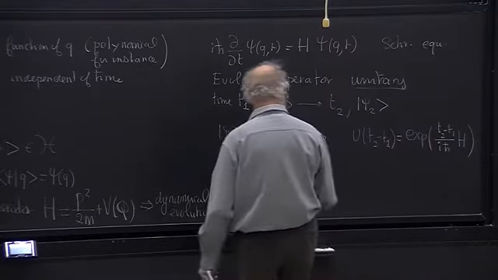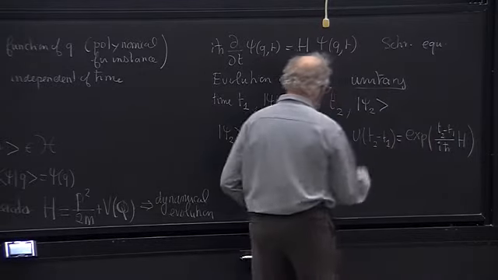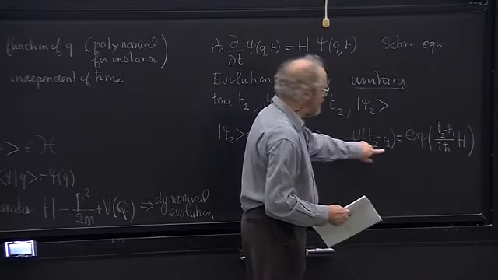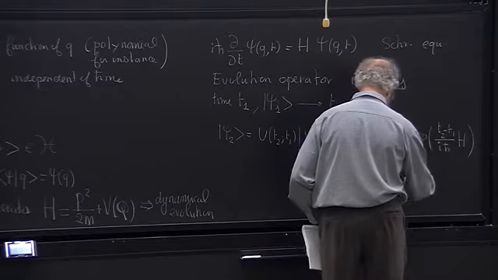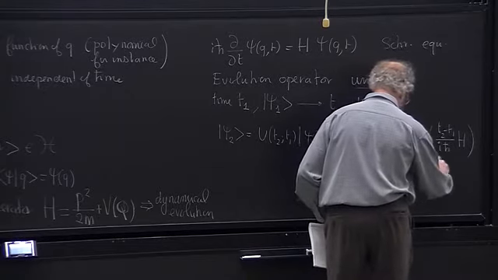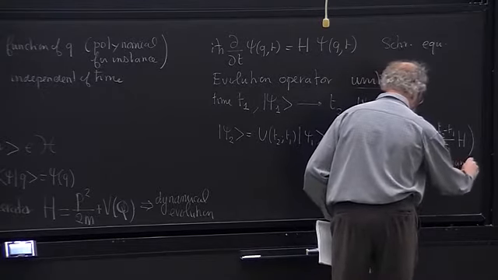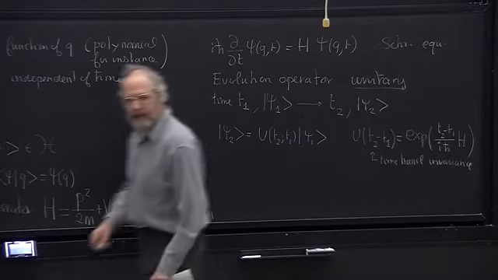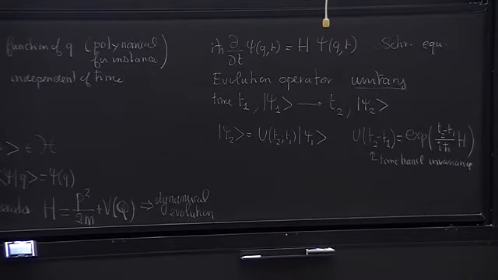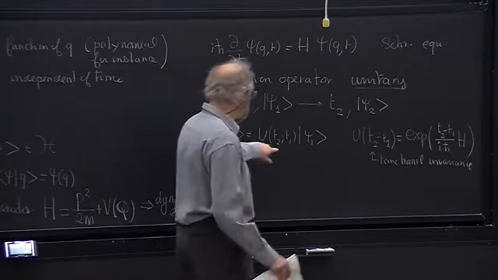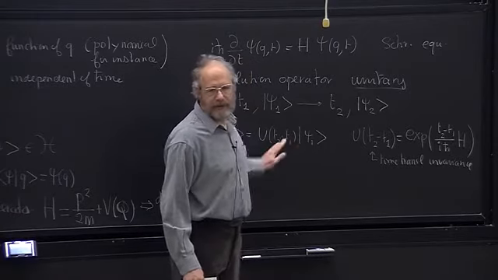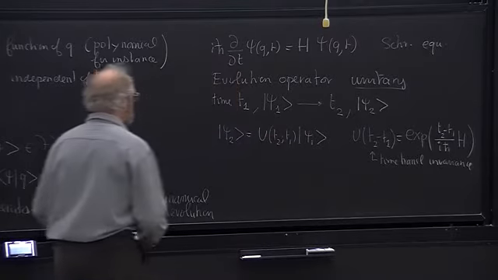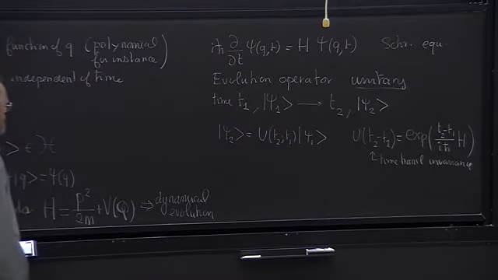So often I express that U depends only on t2 minus t1, and that's because of time translation invariance. If the Hamiltonian was depending on time, then the evolution operator is defined, but it depends on t2 and t1, but not the difference, because there's no time invariance. Okay? So this is the definition of the evolution operator.